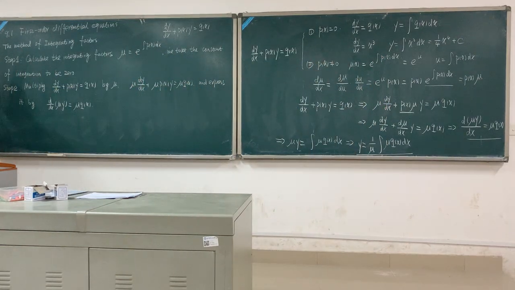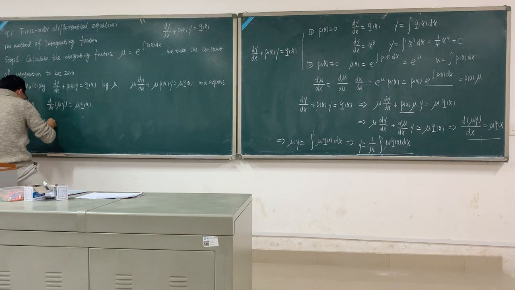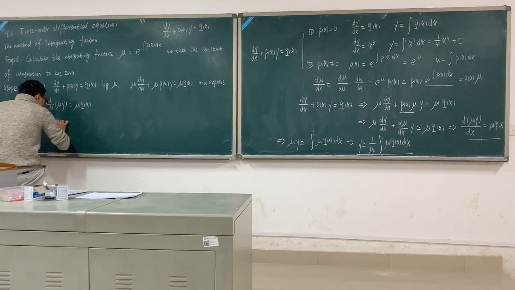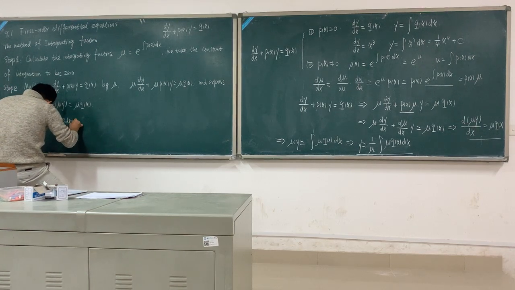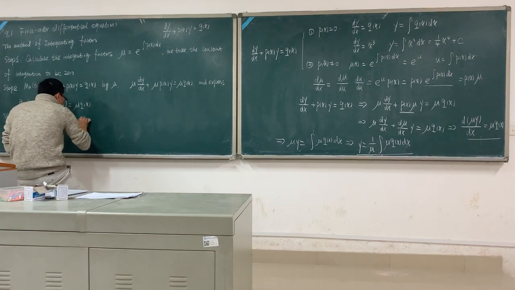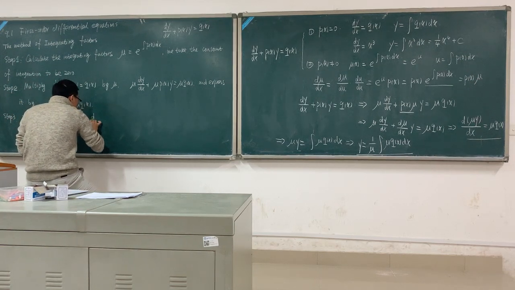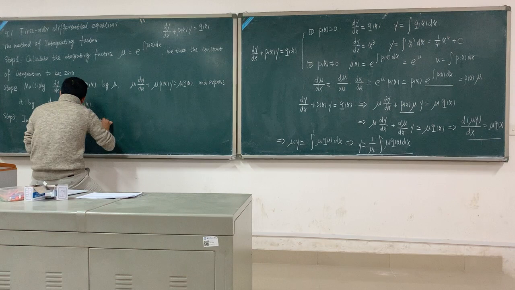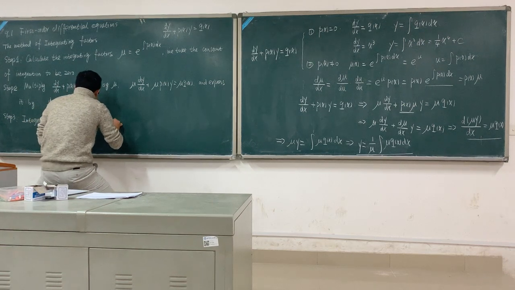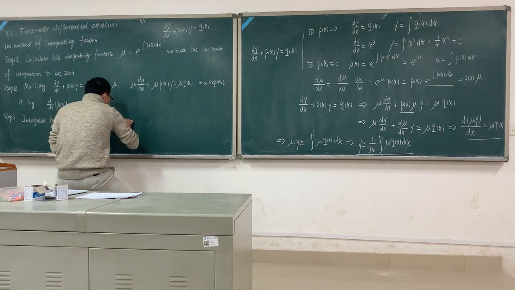So the third step actually is to integrate both sides of the equation d/dx of mu y equal to mu q(x).